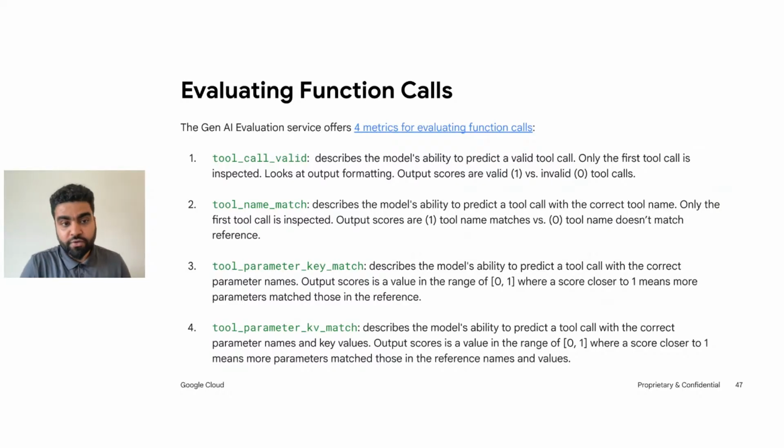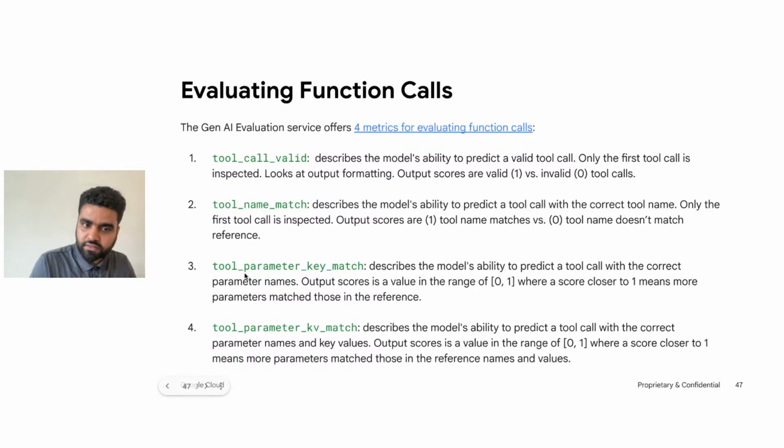We do have evaluations that can be done on function calling as well, which you can find in our documentation. There are four important metrics. One is tool call valid. It will come back with 1 or 0 depending on whether the exact tool call was valid or not. The second is the name, as these tools need to be addressed correctly.